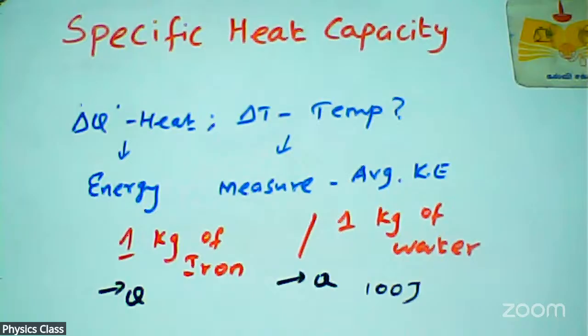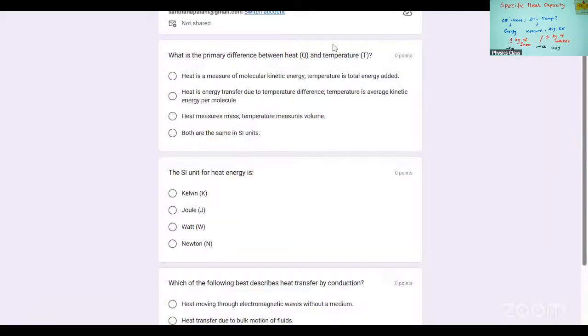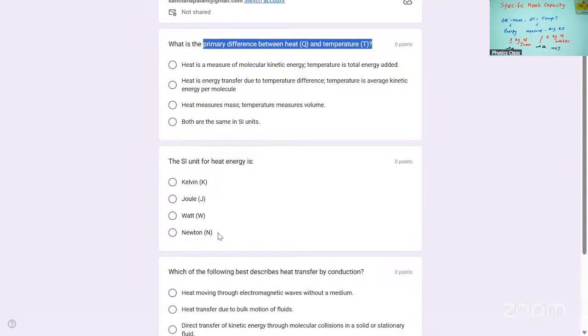I will share the screen. You can see that MCQ. First one, which is the primary difference between heat and temperature?